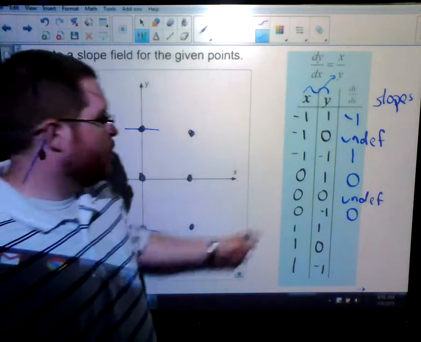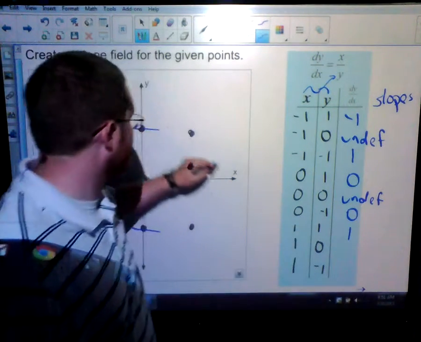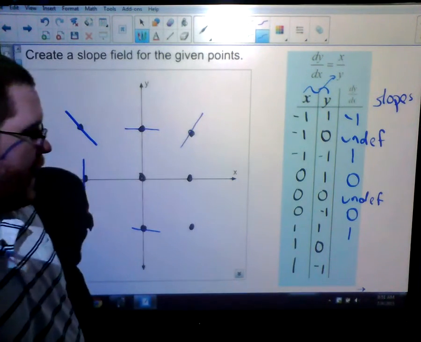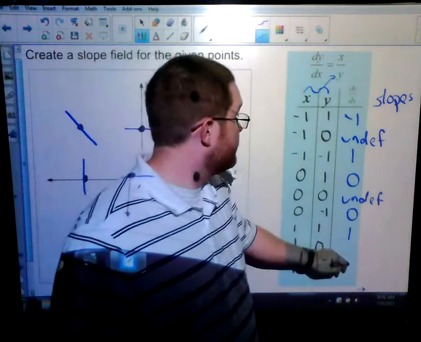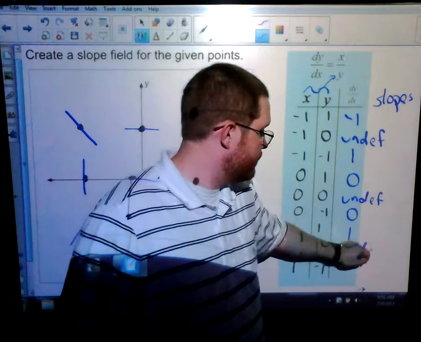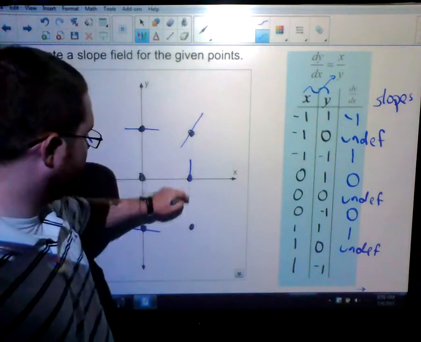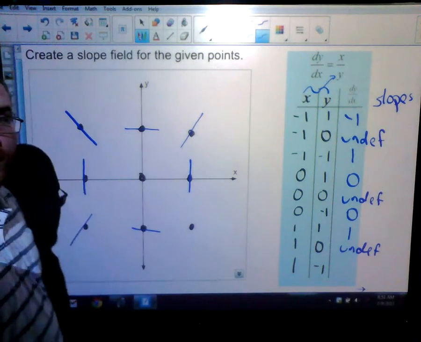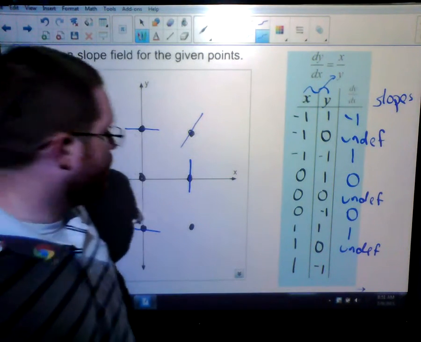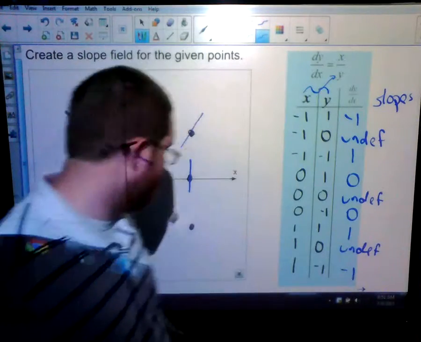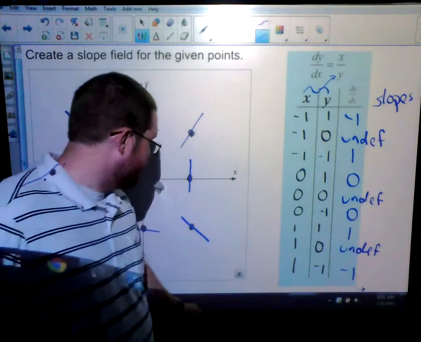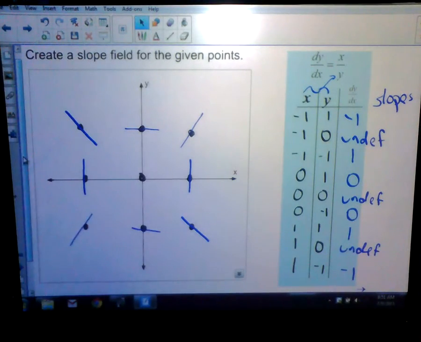How about over here? (1, 1). Well, that's 1. How about 1 over 0? That's undefined. So that's either no drawing or that. How about (1, -1)? That's -1. So it's kind of a cool looking shape.